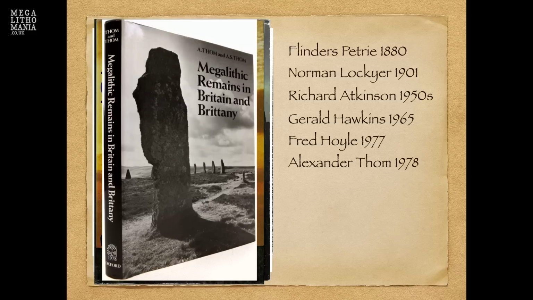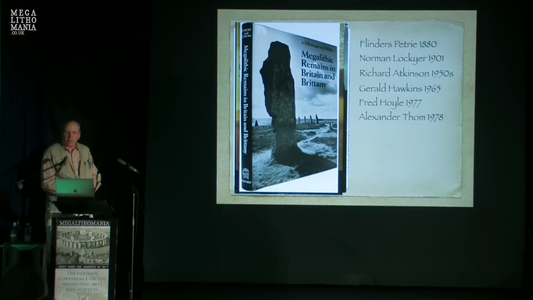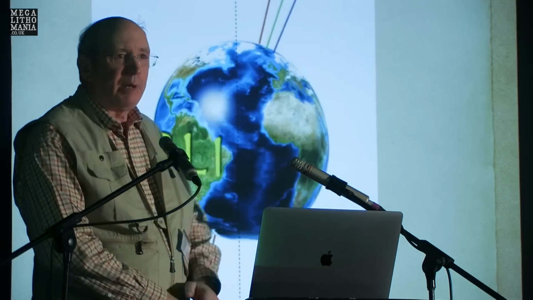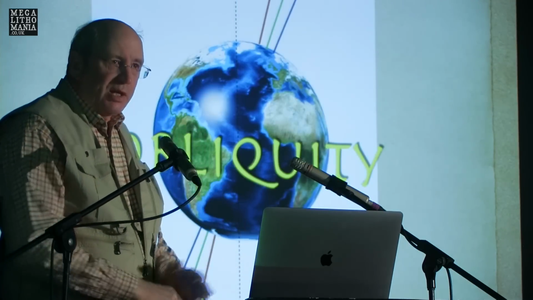They were not looking at obliquity, as we're going to do. But I want to go beyond Petrie, beyond Alexander Thom, and look at all of the possibilities that they did not look at. So we're going to go right out on a limb here and look at something that's completely different. So they mainly looked at precession. We are going to look at obliquity. So we've seen precession.